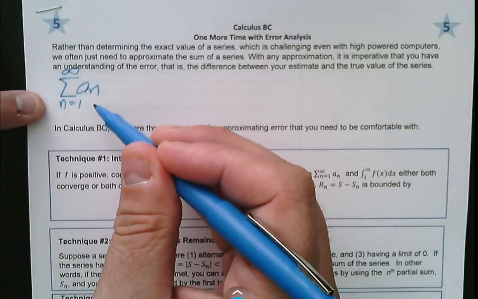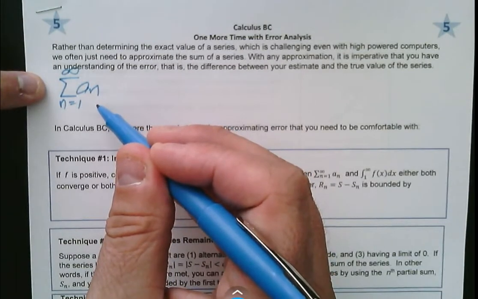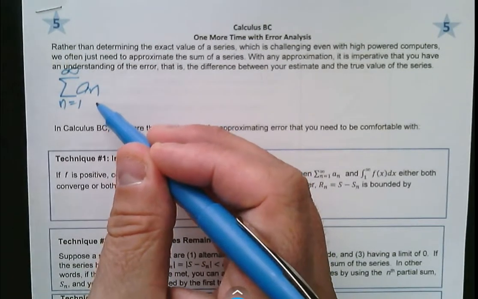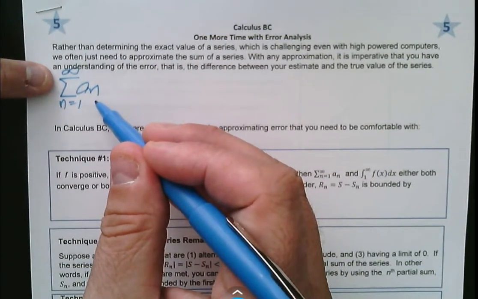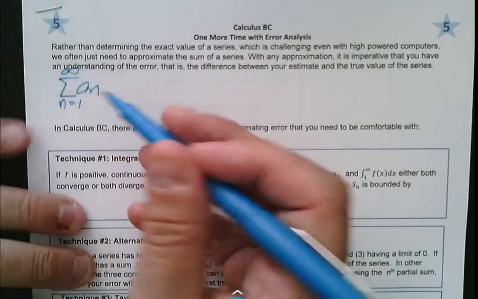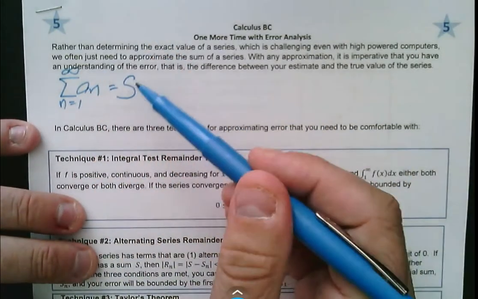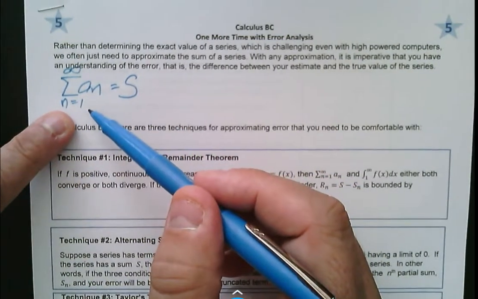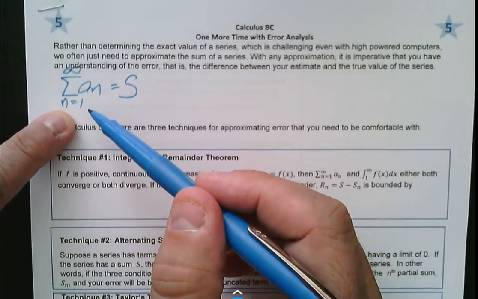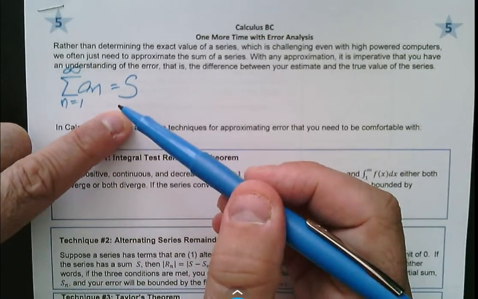If this series converges, and that's usually our first question, does the series converge or diverge, then it converges to an actual number, a true value. That true value is what we call S. That is the actual value I would get if I could sum up all of these terms, all infinitely many of them. That's usually not possible.